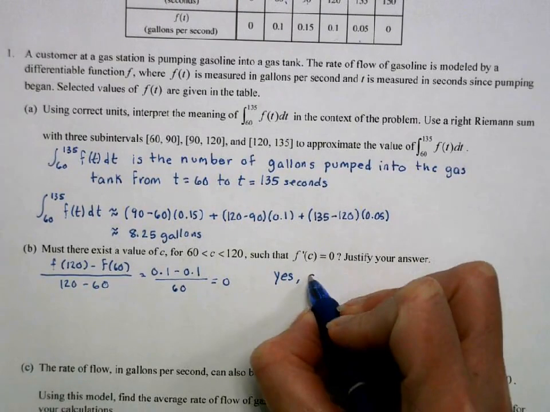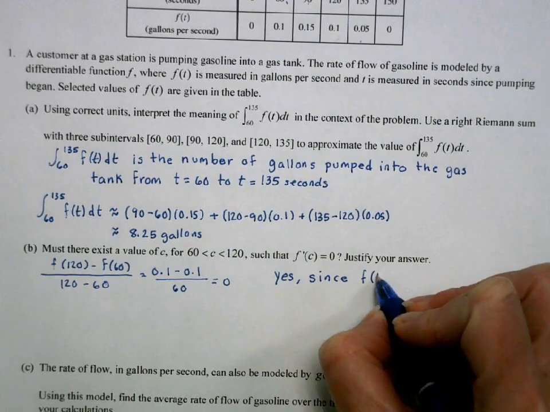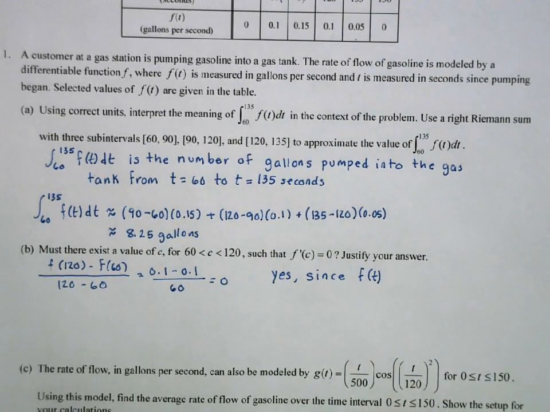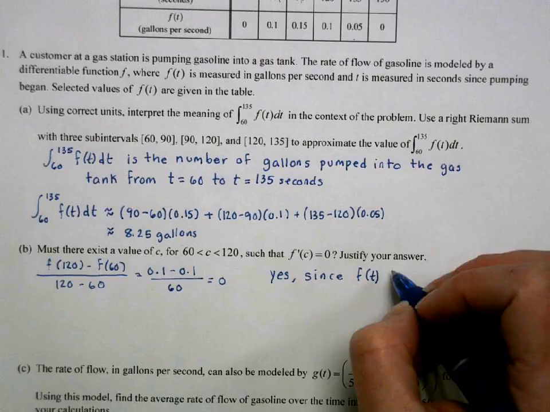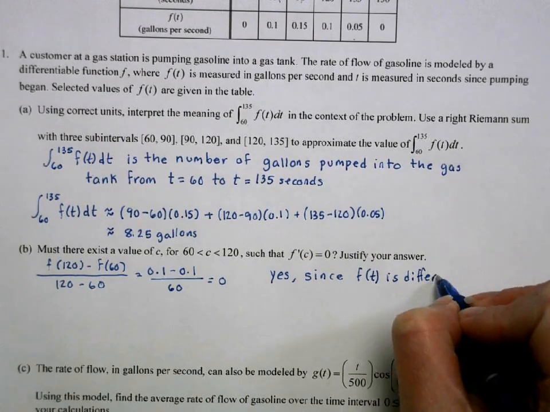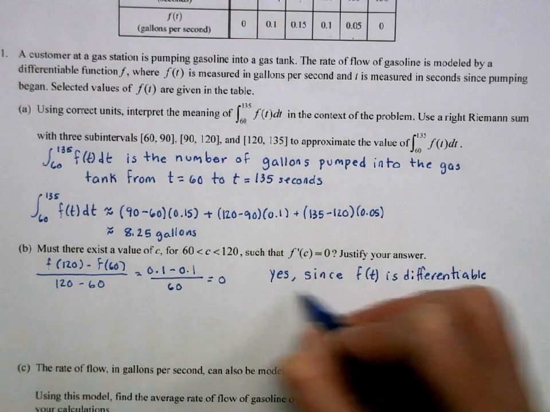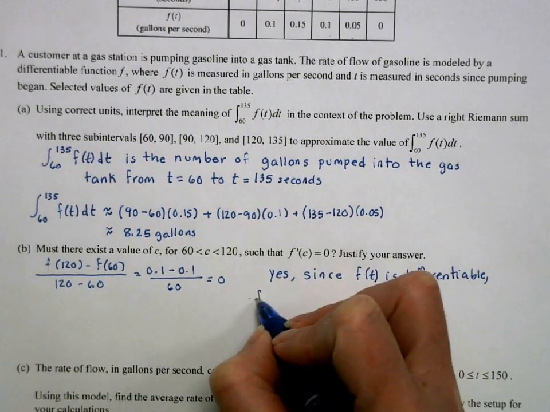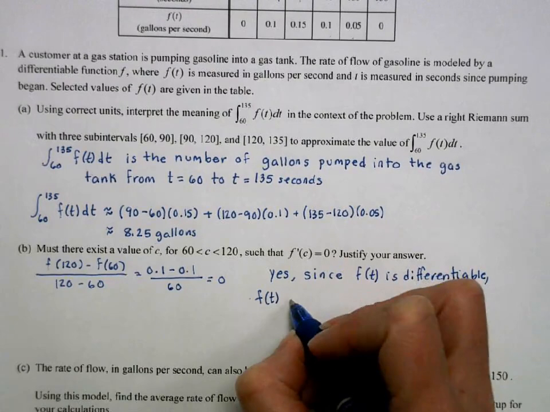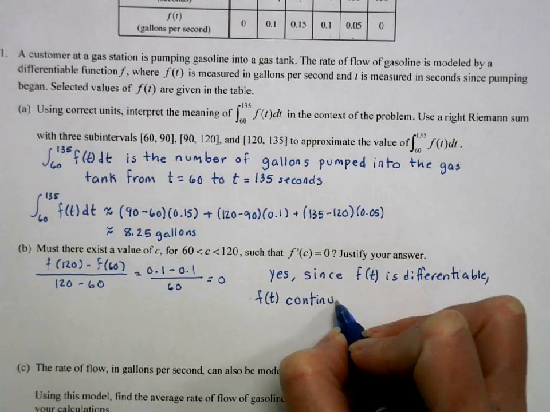Okay. And the way we're going to justify this is since we have to prove the hypothesis of the mean value theorem. So since f of t is differentiable, f of t is continuous. Because if it's differentiable, then it had to be continuous for that to happen.